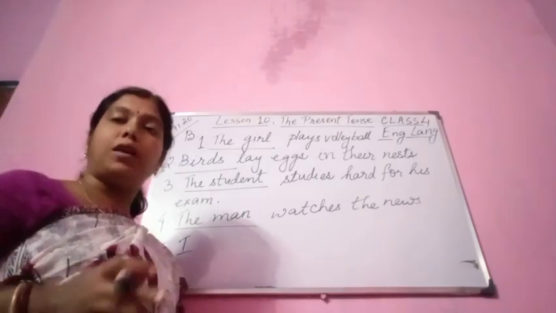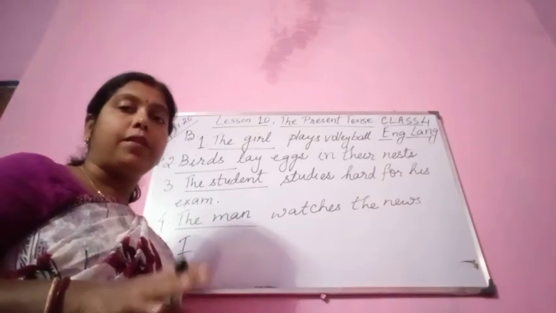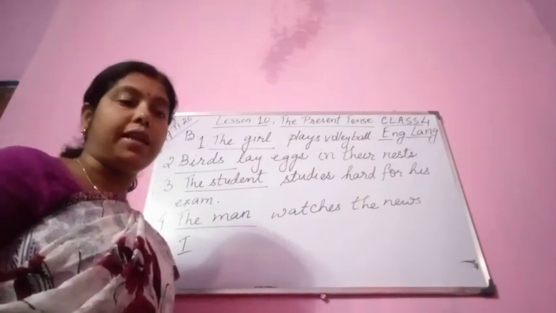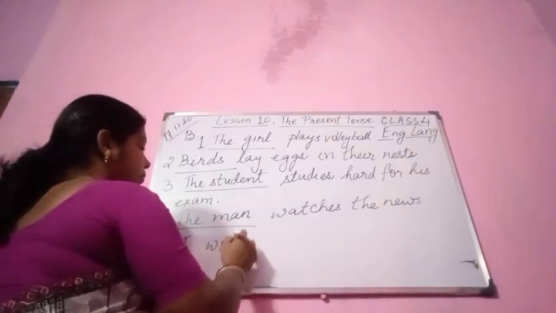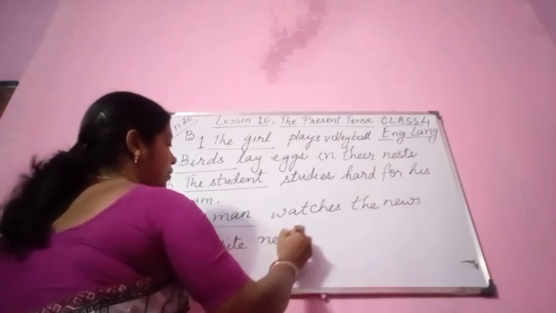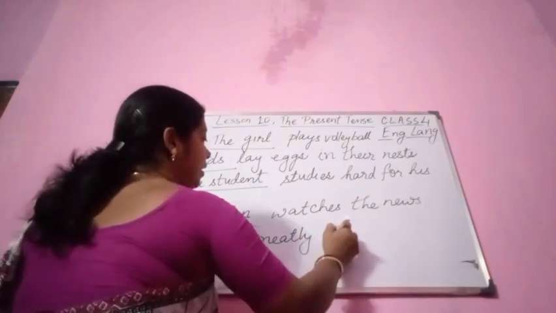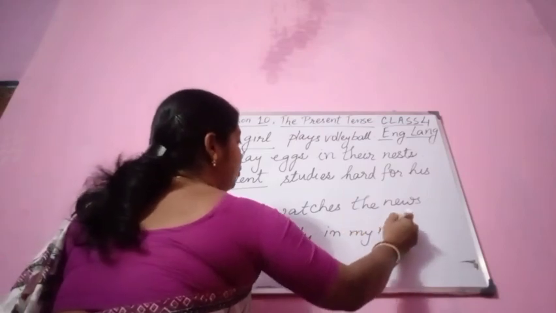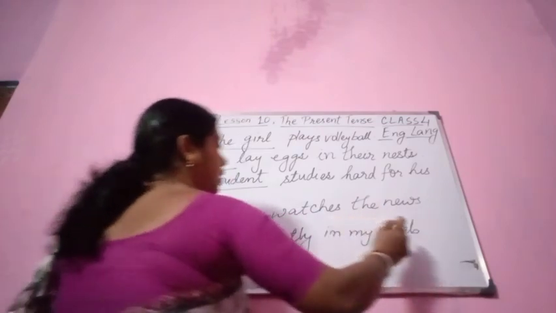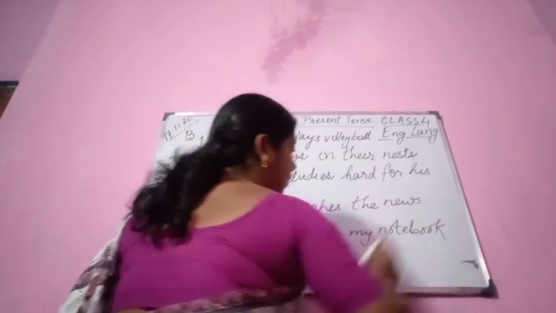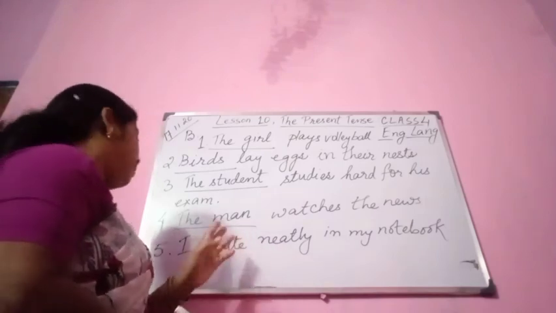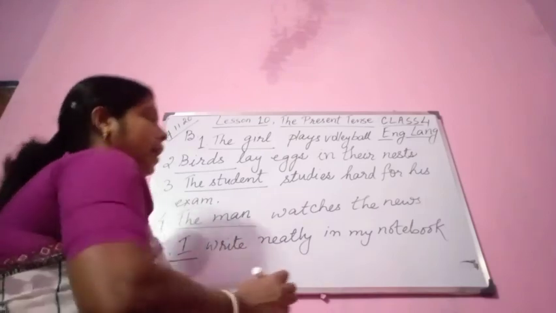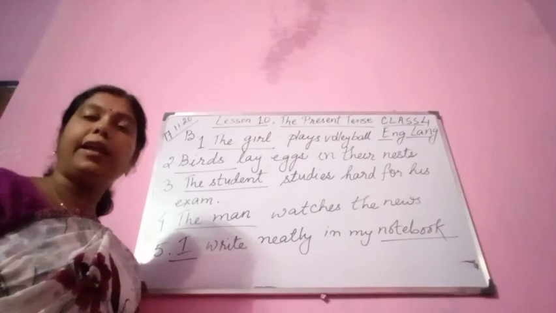We are going to change the pronoun because we is plural, so we are going to change it into I. So, I write neatly in my notebook. Here you see notebook is in the predicate part, but we have to change it because that is in red color. I write neatly in my notebook. So I and notebook, because both are in red color.